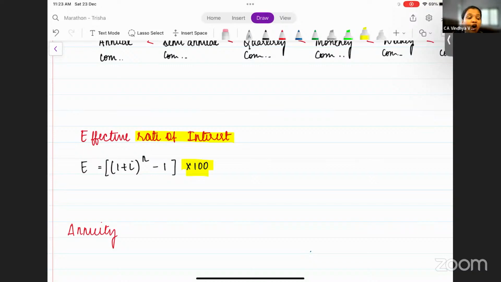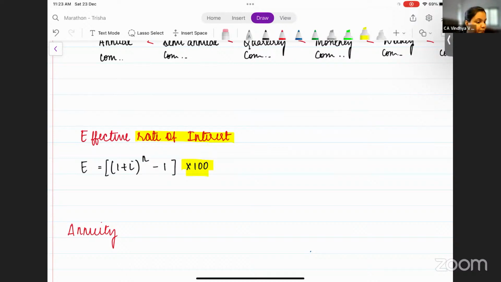So our I will always be considered after taking R divided by 100. Rate by 100 is what we have done. So to compensate for that 100 divided by 100, you'll have to multiply it with 100 over here. This is your compound interest. I hope this is clear.